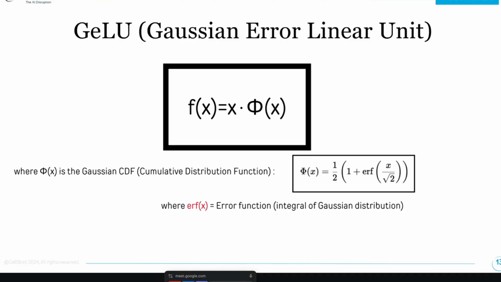I don't know that, but it is basically to cater to every data point. If you divide by root 2, no matter which aspect of that graph we are looking into, it will provide an output. And since x is that particular point, when you multiply x with that, you will get even more nuanced values for f of x.